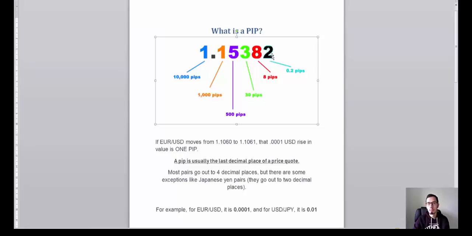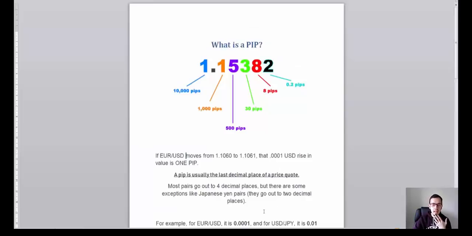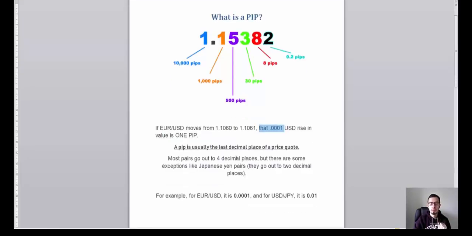The last number, the fifth digit, is 0.1 pips. For example, if the price moves from 1.1060 to 1.1061, either rise or fall, that means that is one pip, 0.0001. The fourth digit is your PIP.